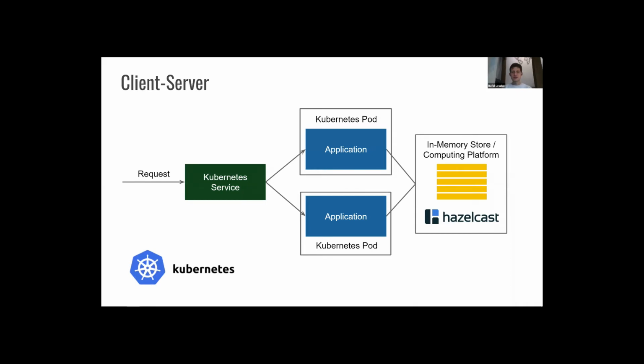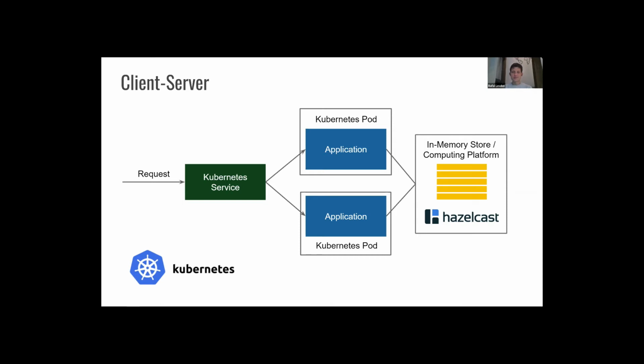That is how it looks. So the flow is now as follows. The request goes to our Kubernetes service. It's load balanced to one of the Kubernetes pods and to the application container inside. And now the application uses a client to connect to, in this case, Hazelcast, the in-memory platform, to cache, whatever you use it for.